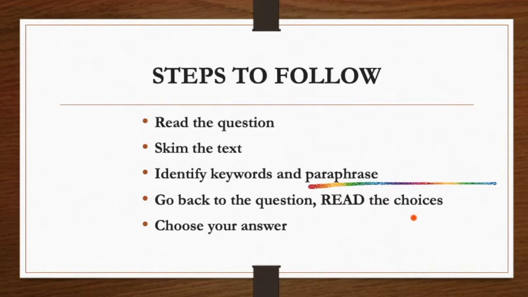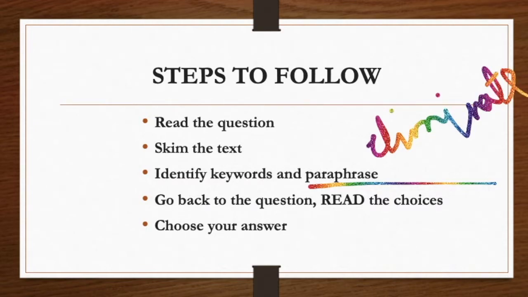So even if you're not able to predict the answer, you're eliminating the wrong choices, the choices which are definitely a no-no. Then you read the text and, using those keywords and synonyms, you first locate the part containing the answer and read that part of the text very carefully.